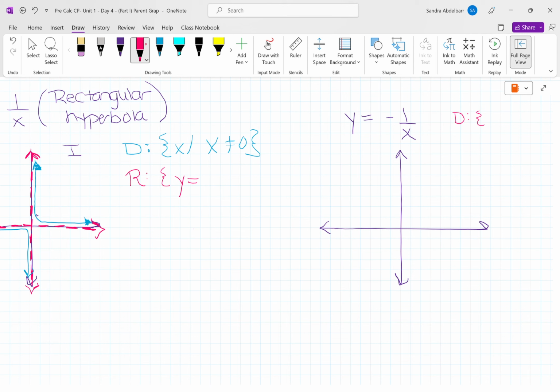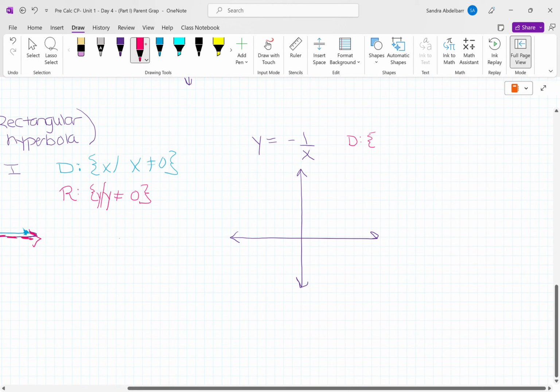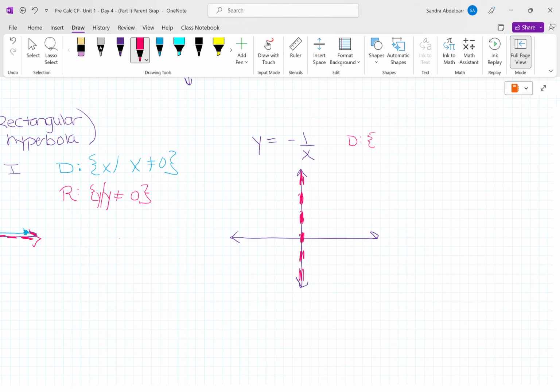Our range was y cannot equal 0. Okay, now we're negating it. Our asymptotes are going to be the same.